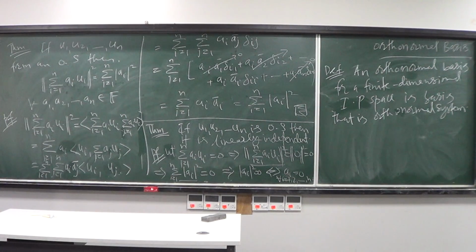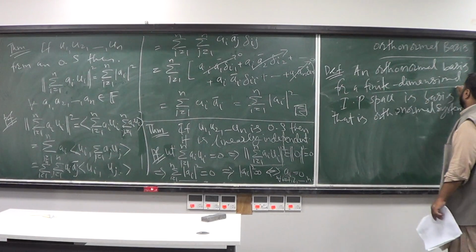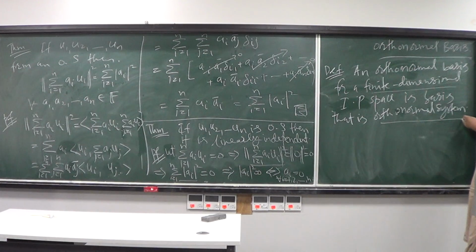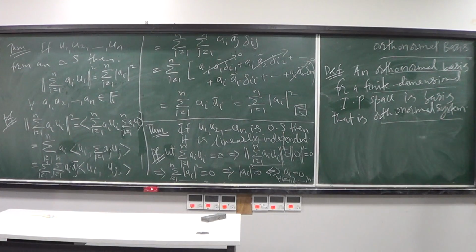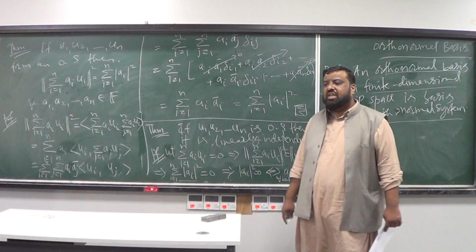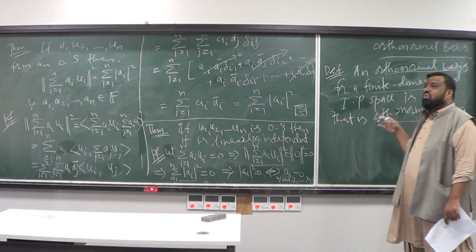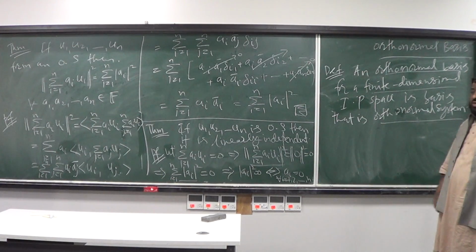So if you have a basis of a finite dimensional inner product space, and if that basis is also an orthonormal system, then you call such a basis an orthonormal basis of the inner product space. Okay?